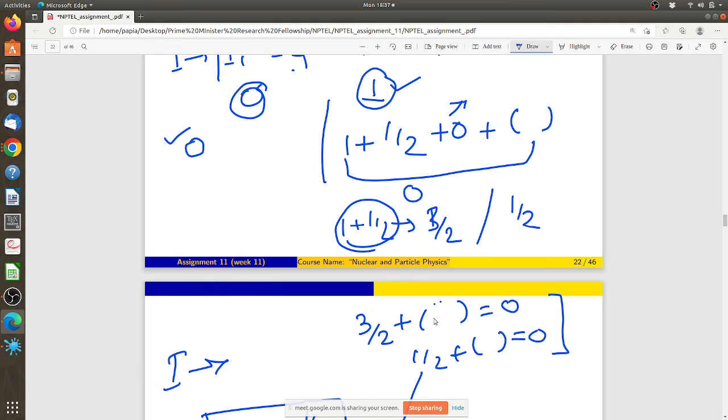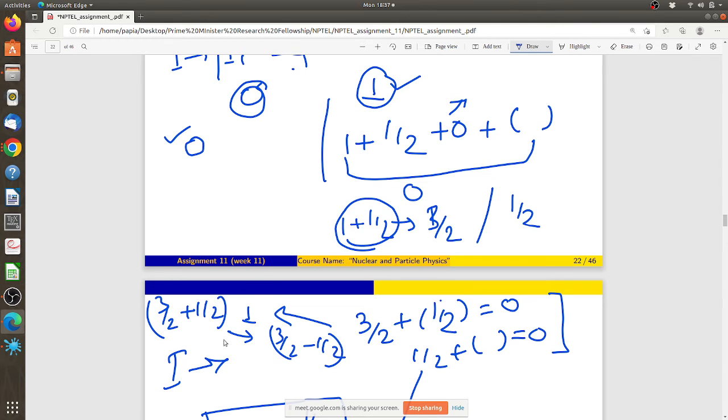There is also another possibility. So let's say in that possibility you are writing half. If I write there the half value, then what will be the value? 3 by 2 plus half, 2, 3 by 2 minus half in the step of 1. So what will be the value here? 3 by 2 plus half means 2, and 3 by 2 minus half means 1.